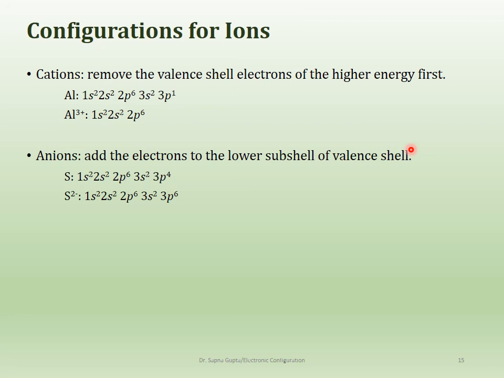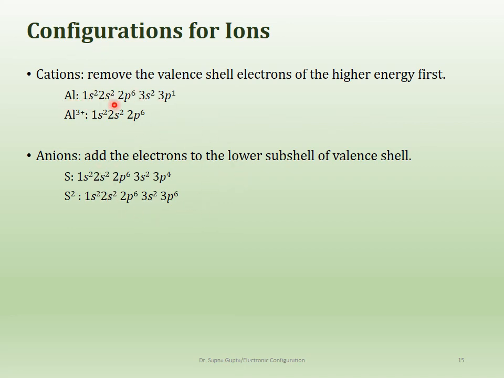When we get to transition metals, things will start happening in the core electrons, because for transition metals, all the electrons are in the core, not in the valence. So then you have to deal with the core electrons. But for all the main group elements, the S block and the P block, you have to remove electrons from the outer shell and add electrons to the outer shell.